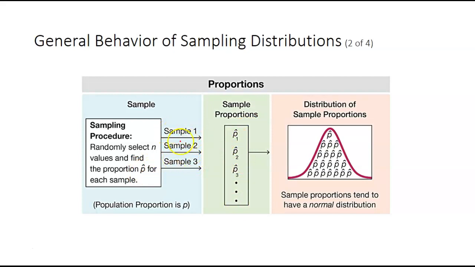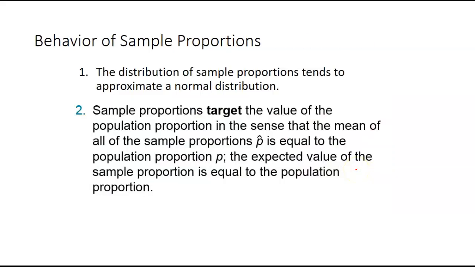And then when we plot those proportion values, the distribution is going to tend to be a normal distribution. Regardless of what we started out with, when we take all those samples of a given size and take the proportion for each of the samples and plot those proportions, we end up with a normal distribution.